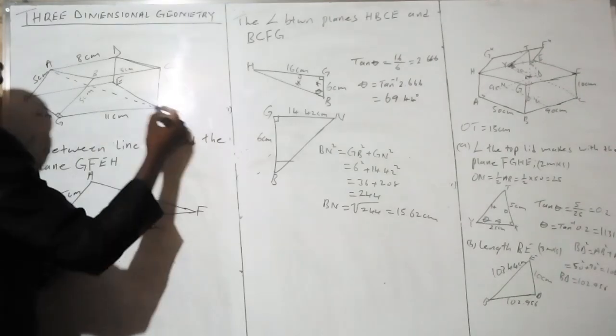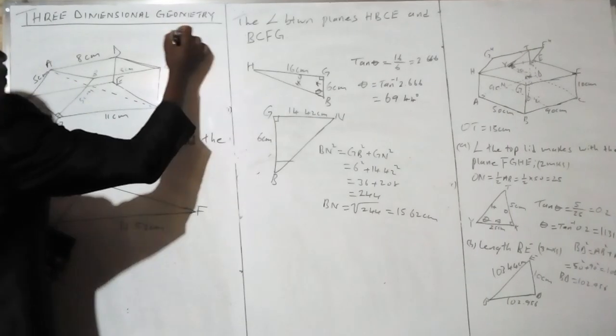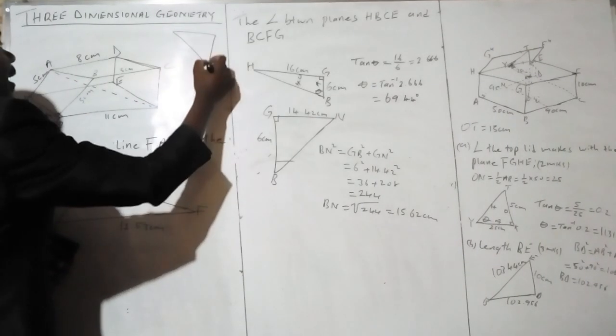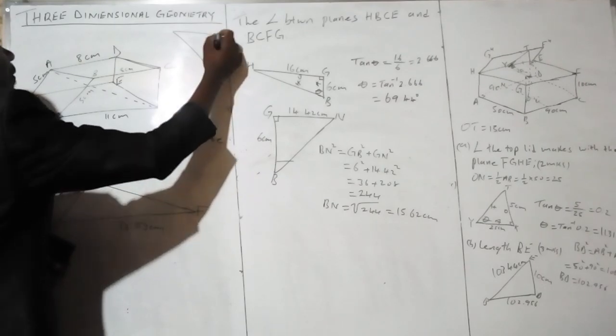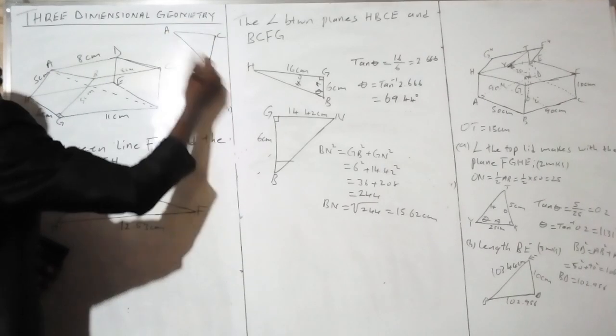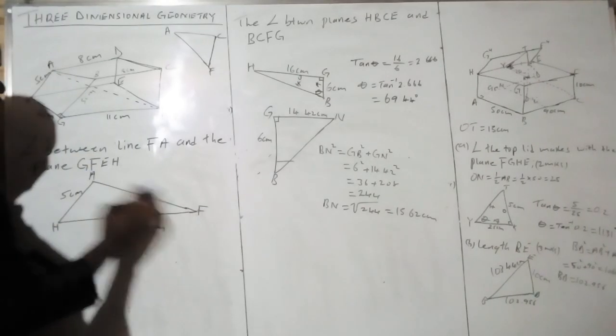AF is in another triangle. We are going to get this triangle here. It's FC and A, but you want AF, so that you can join the measurements here.